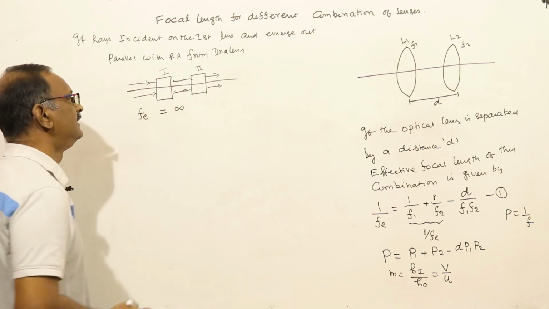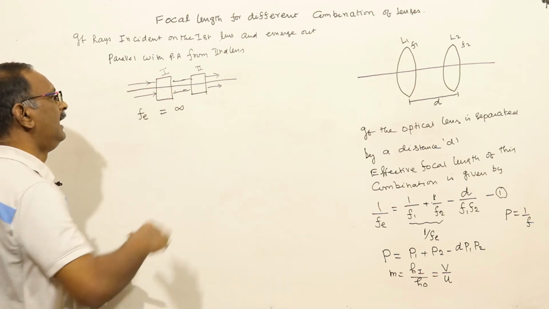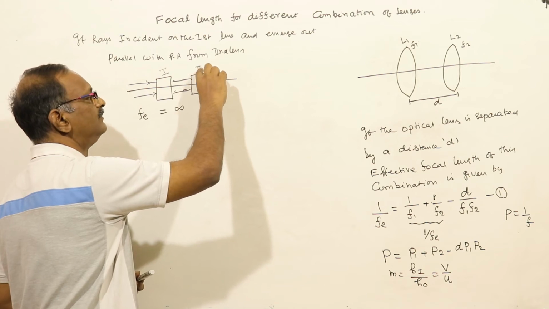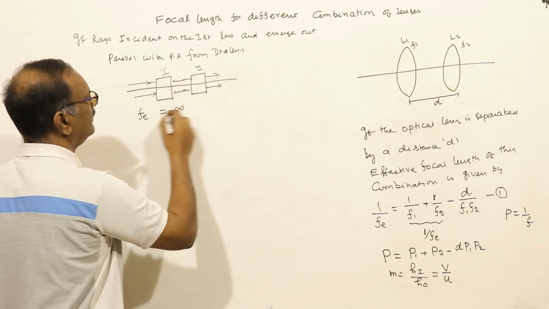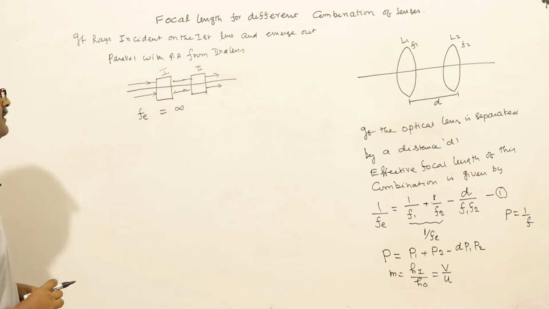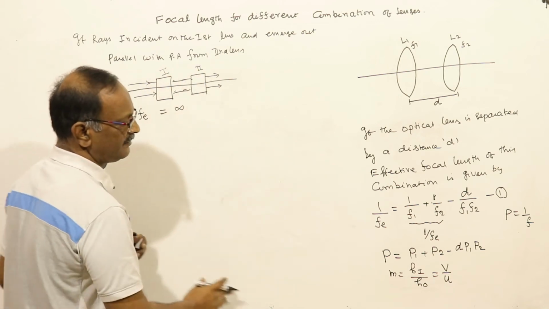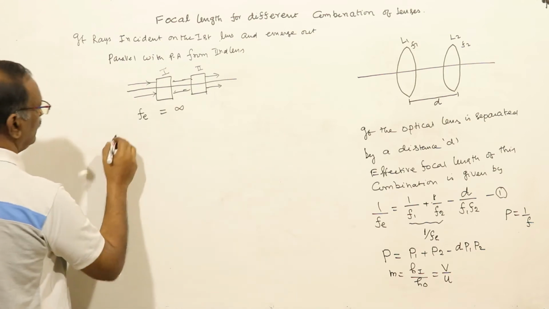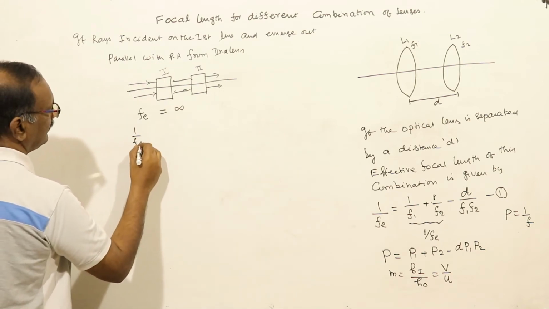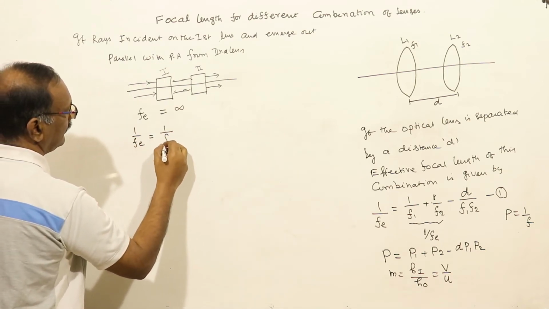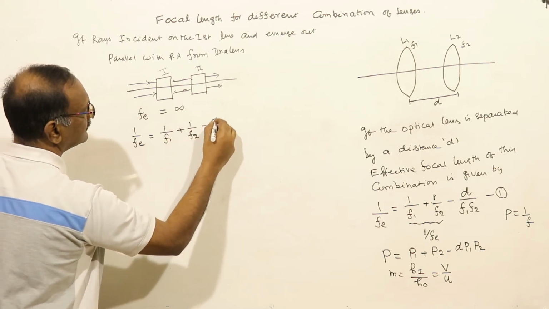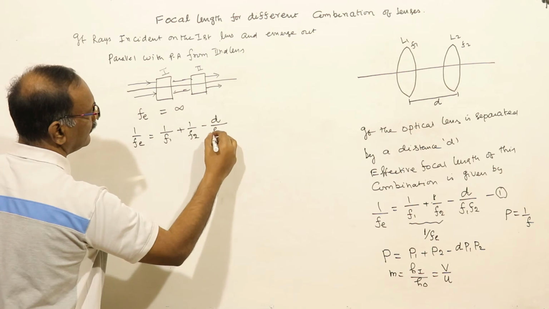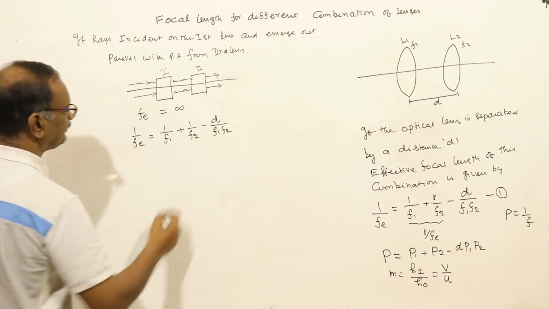When rays are incident on the first lens parallel and emerge out from the second lens also parallel, in that case this combination's effective focal length is infinity. In this case, from this equation we can see 1 by Fe is equal to 1 by F1 plus 1 by F2 minus D by F1 into F2.